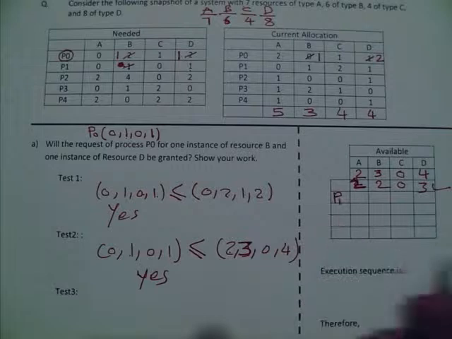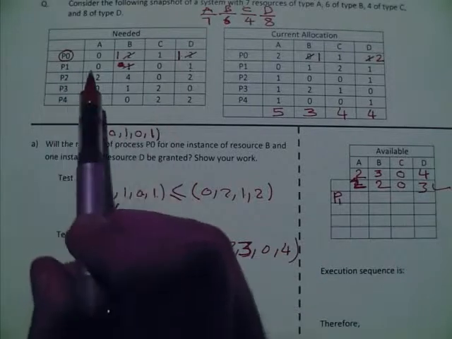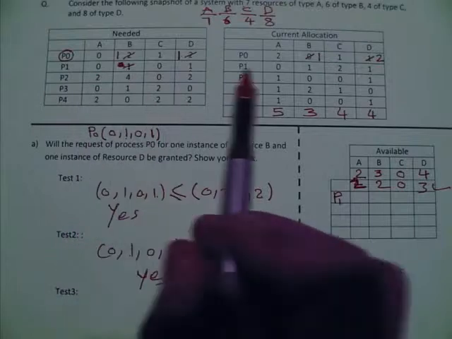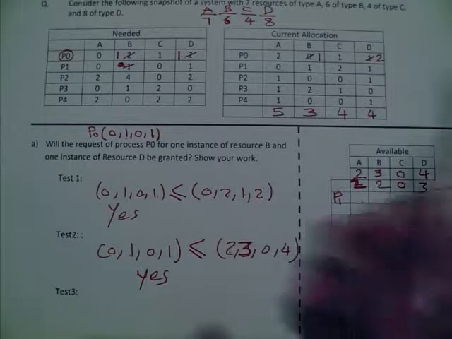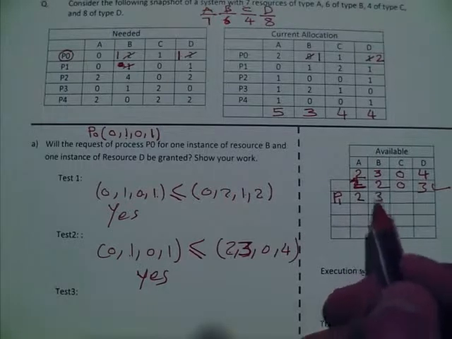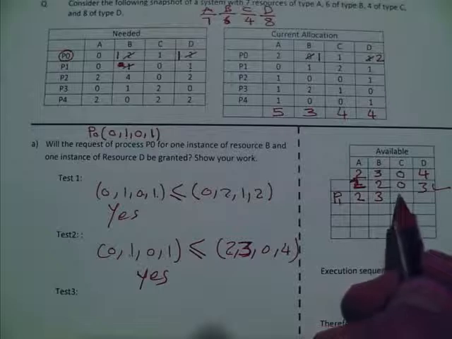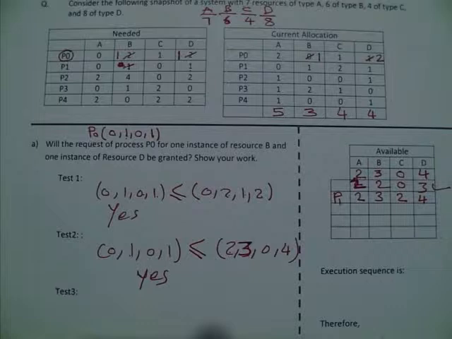And by assuming so, we can get the resources that P1 was using and add them to the system resources. That is basically 1 of B, 2 of C, 1 of D. So A is not changed, but this one becomes 3, this one becomes 2, and this one becomes 4, right?